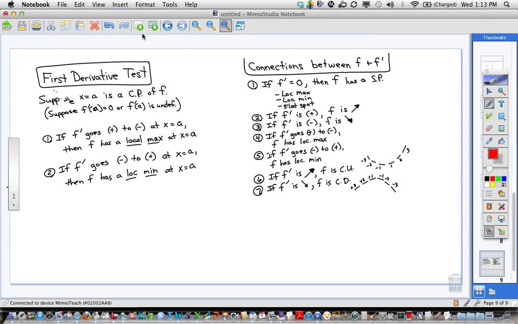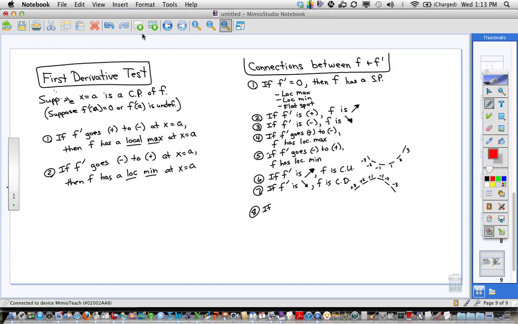All right, and then the last one really would be the change of 6 and 7, and we talked about that. Let's just go from 6 to 7. If f prime goes from increasing to decreasing, picture that now. If the f prime graph goes increasing to decreasing, which would actually be a local max on f prime, right? Then what do you got on f?